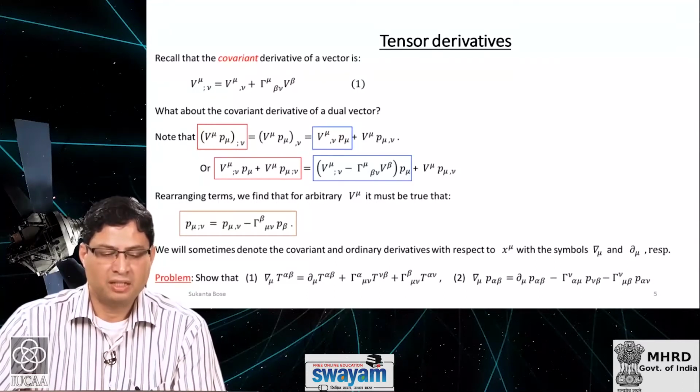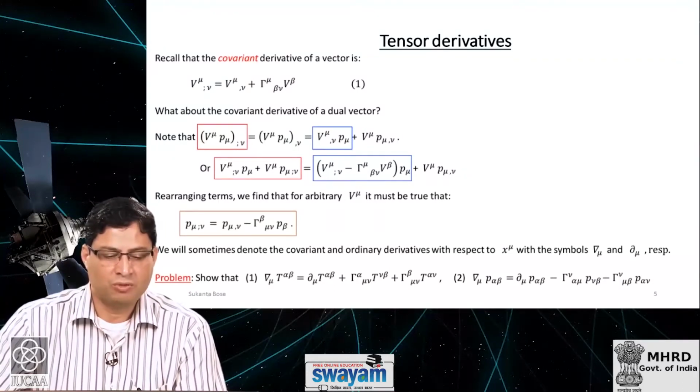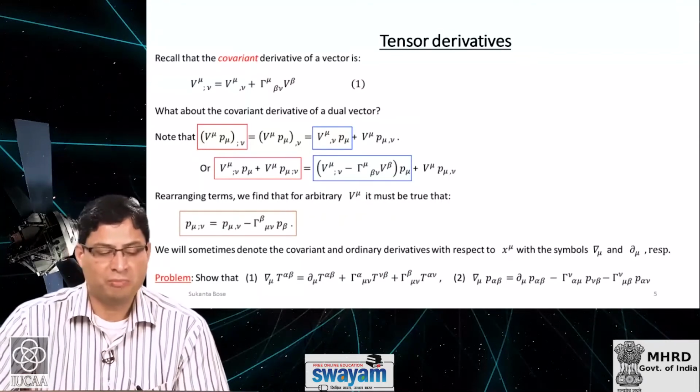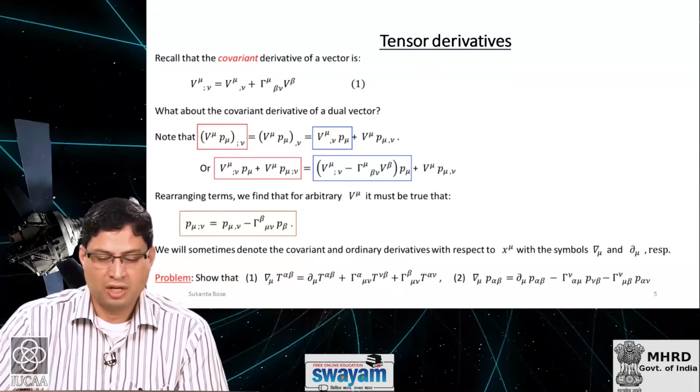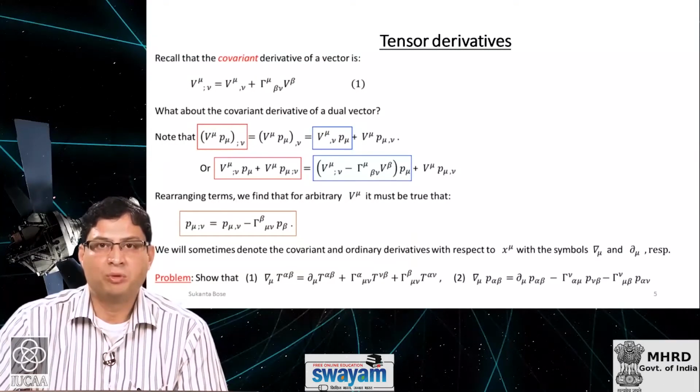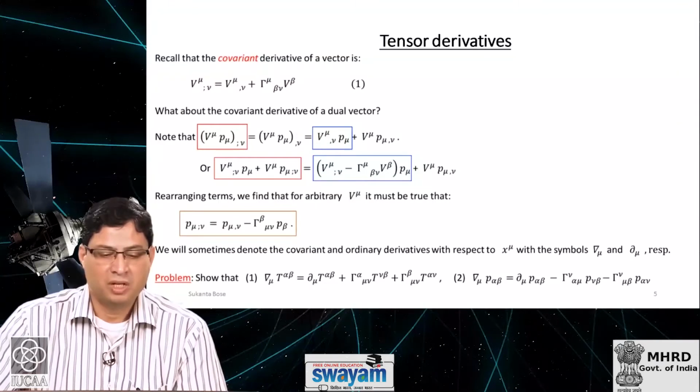When you do that, you will get the covariant derivative of p mu with respect to x nu is just the ordinary derivative p mu comma nu, now minus this Christoffel symbol contracted with p, because the v mu's are the same on both sides.